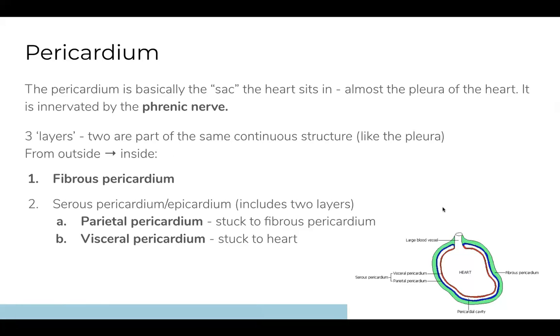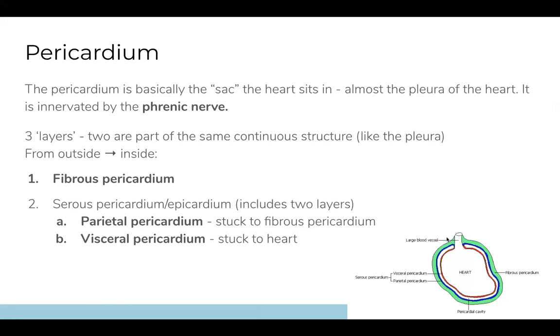Yes, so you do technically have 3 layers, but 2 of them are part of a continuous layer, similar to how the pleura are. On the outside, you have your fibrous pericardium, which is just made up of fibrous connective tissue. But on the inside, these 2 layers together are called the serous pericardium.